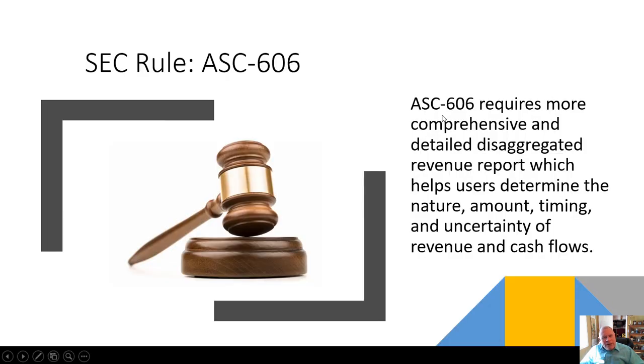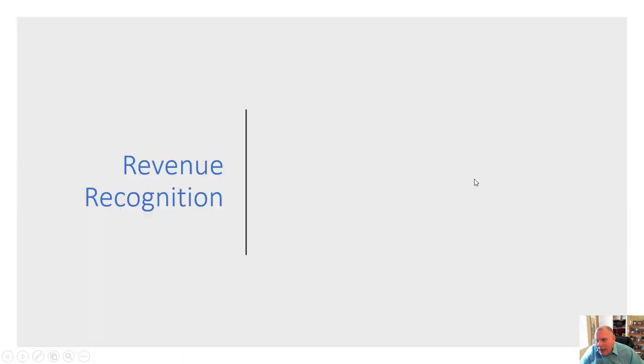Keeping in mind that ASC 606 requires more comprehensive and detailed disaggregated revenue reporting, which helps the users determine the nature, the amount, the timing, and uncertainty of both revenue and cash flows. But to get to that point of disclosure, we need to understand the accounting. So we're going to dig a little bit deeper here, and let's keep going.